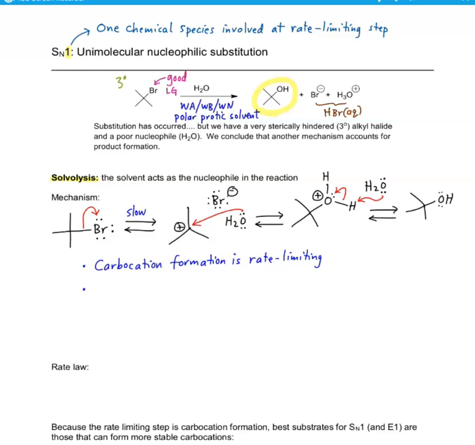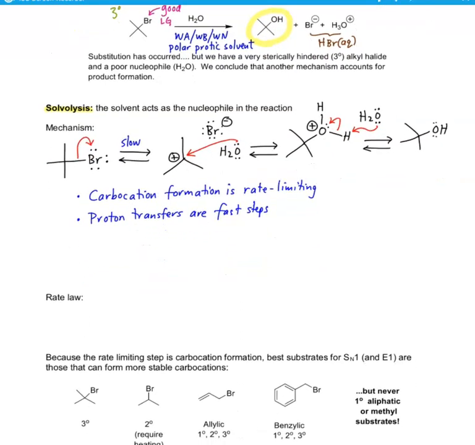And another thing that we can mention here, not just in SN1 reactions, but pretty much any reaction, proton transfers. Proton transfers are usually fast steps. In fact, proton transfers are going to be the fastest steps that you'll see in mechanisms between two compounds.